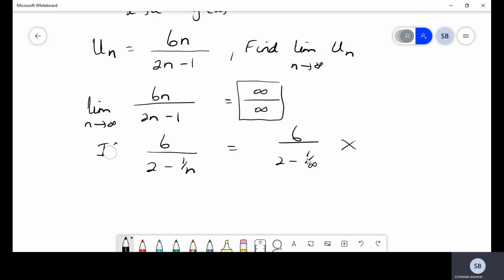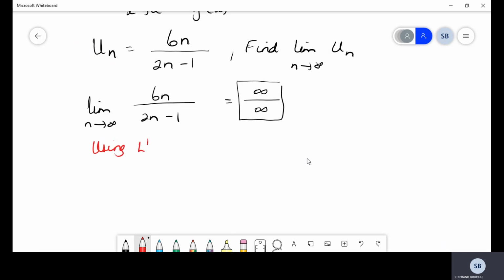Hence, what you can do is apply L'Hopital's rule, and make sure you state that when you're doing your question. Using L'Hopital's rule, you are now able to differentiate both your numerator and your denominator.